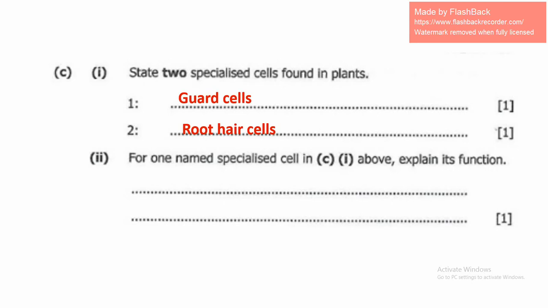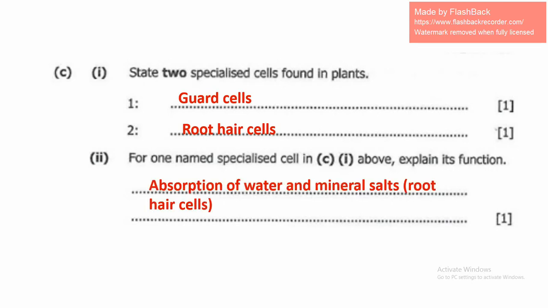So here I picked the root hair cell and I've explained the function. I said absorption of water and mineral salts. Then in brackets I'm saying root hair cell because it is the cell I've picked. So I've even said this function is for root hair cells. Sometimes you get the question wrong, not because you don't know, but because you have not answered it correctly.